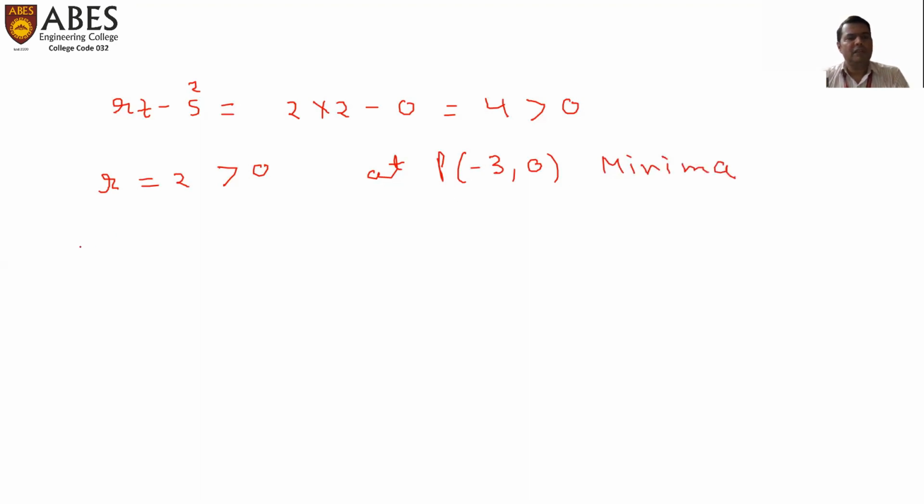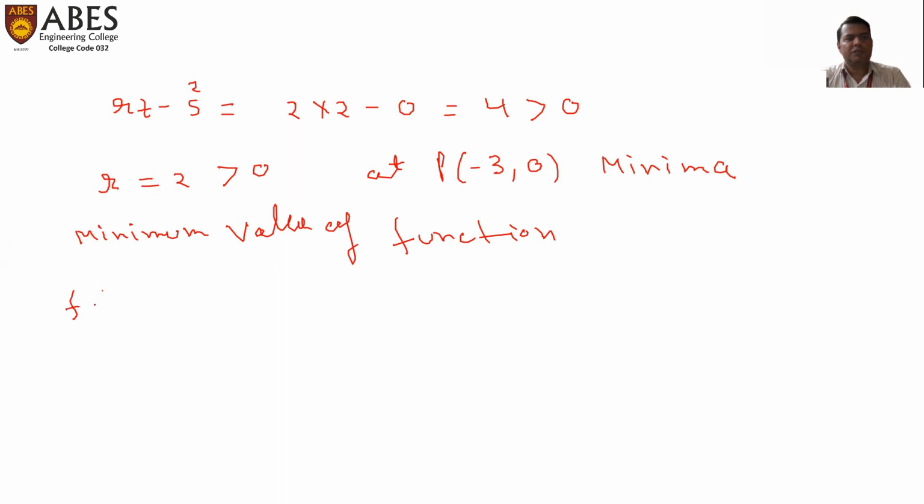Now we find the minimum value of the function. We put x equals to minus 3 and y equals to 0.